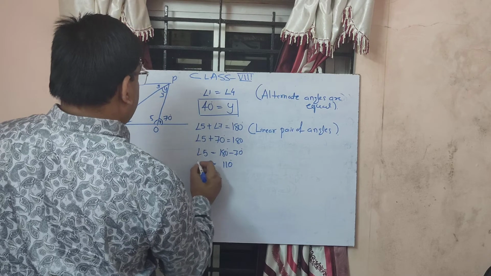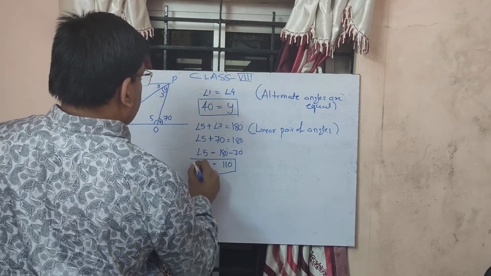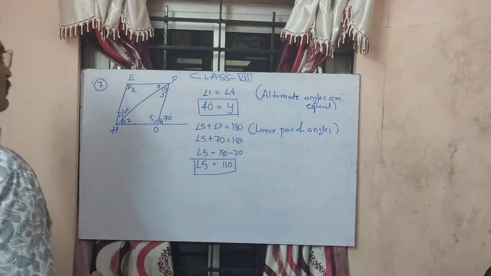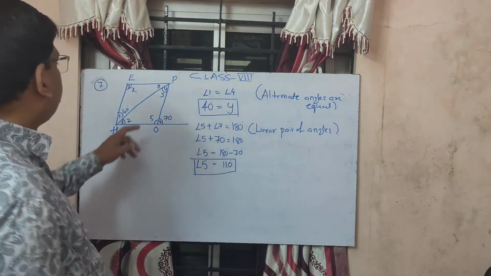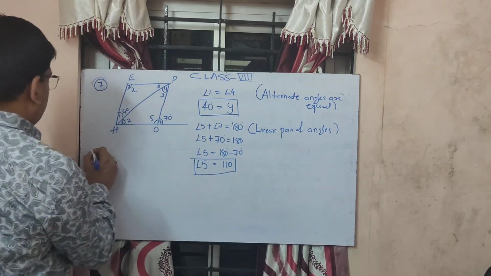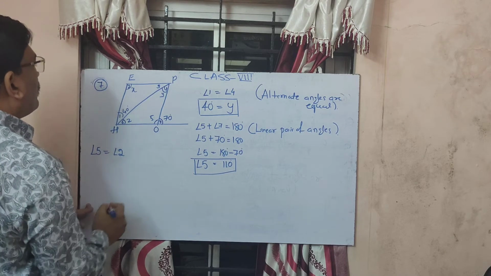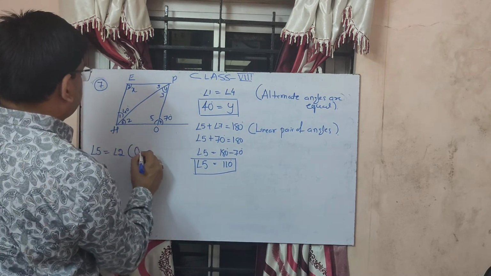So what is angle 5? We don't know, okay, and let us take angle 5 equal to 110 now. Now angle 5 is equal to angle 2. Why?